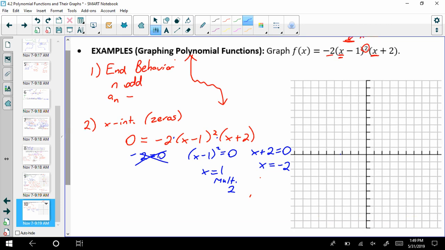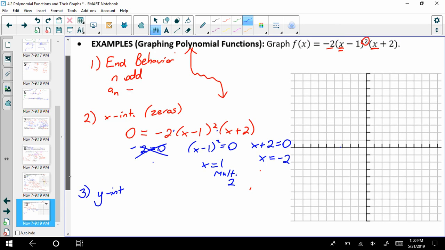So I do have my 3 zeros. And then the third guy, I have a y-intercept. So if I put 0 in for the x's, -2, so we'd have -1 squared, which is 1, and then 2. So -2 times 1 times 2.